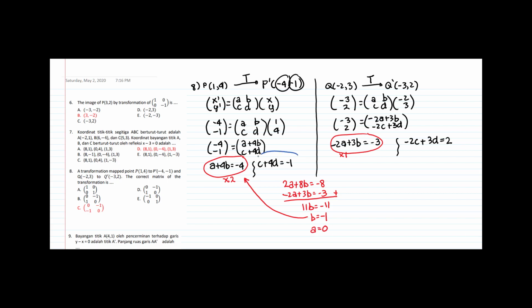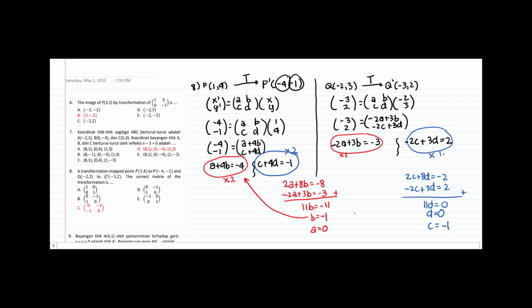And then the second one is C plus 4D and negative 2C plus 3D. This times 2 and this times 1. 2C plus 8D equals negative 2, negative 2C plus 3D equals 2. Add it, 11D equals 0, D equals 0, C equals negative 1.